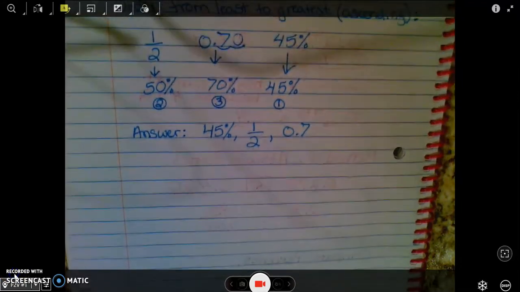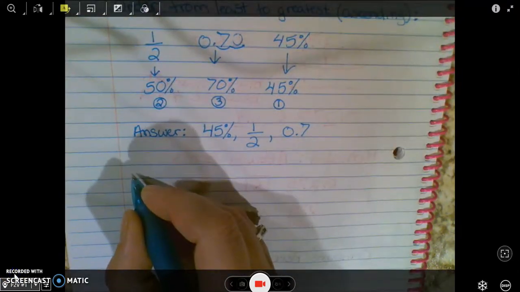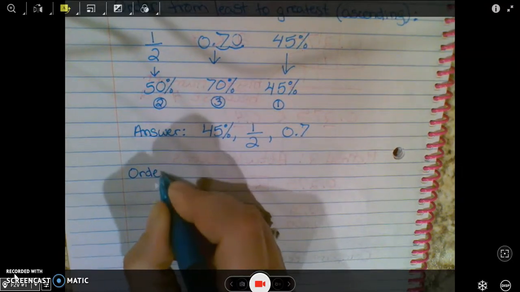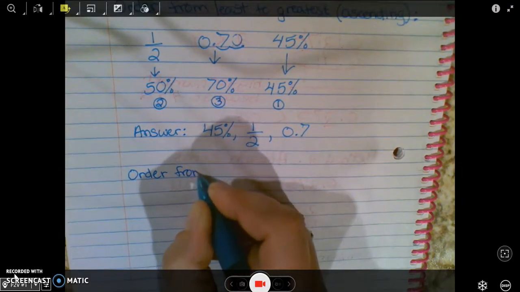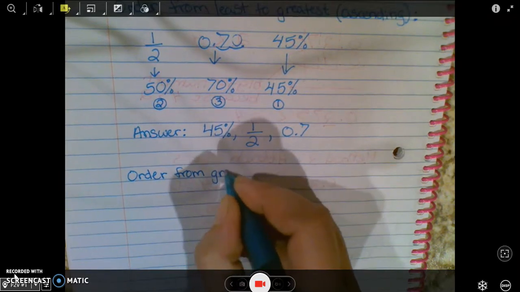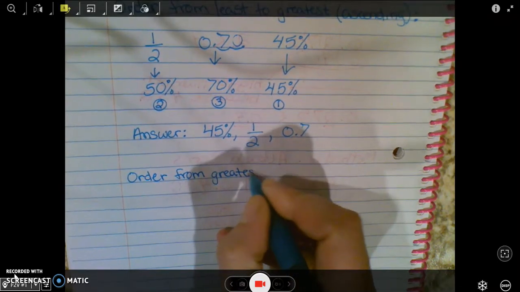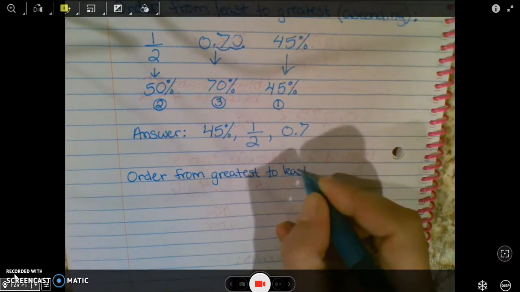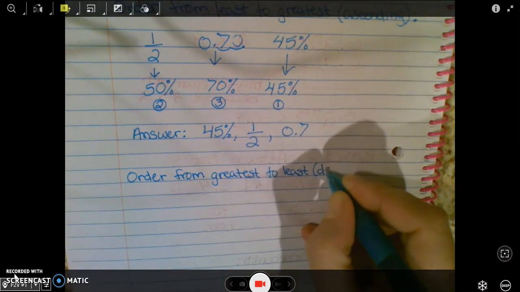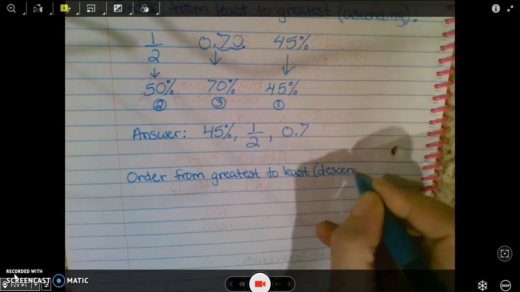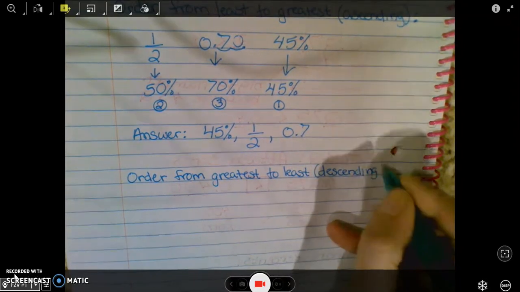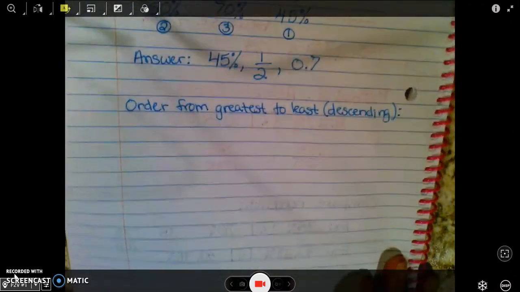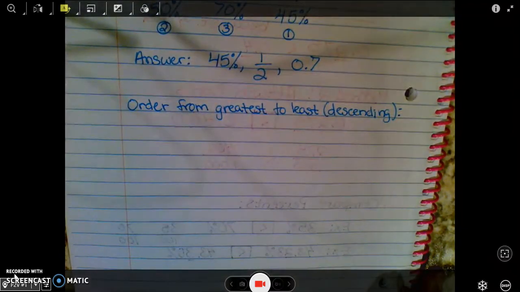All right, in my next example, I'm going to ask you to order these values from greatest to least, so going the other direction. The vocab word for that is descending. Again, a little refresher on the vocabulary, since it's been a little while since we discussed it with integers. So order from greatest to least or in descending order.